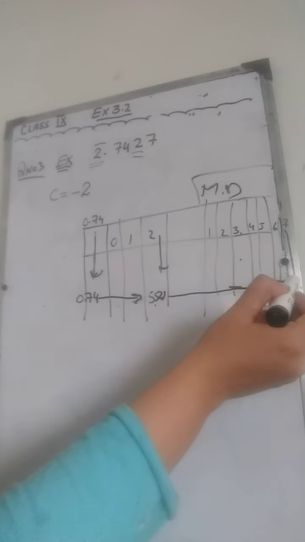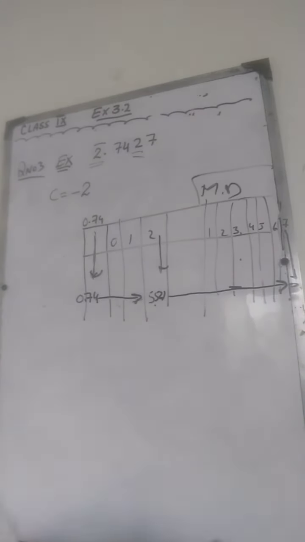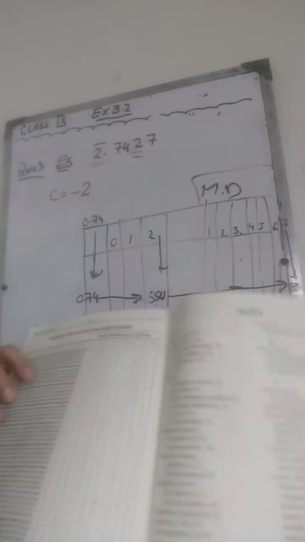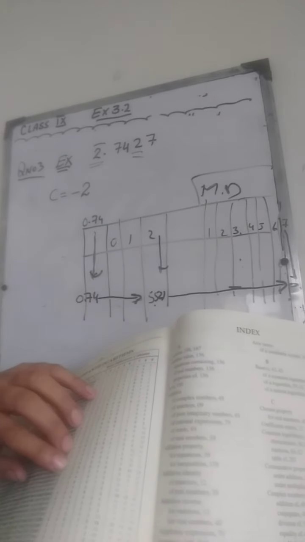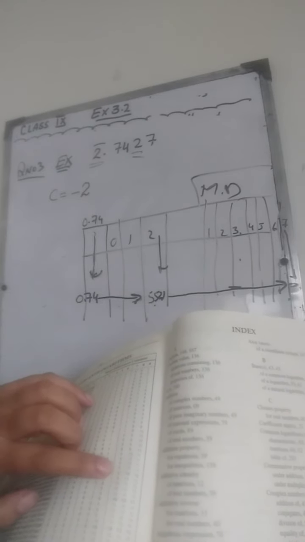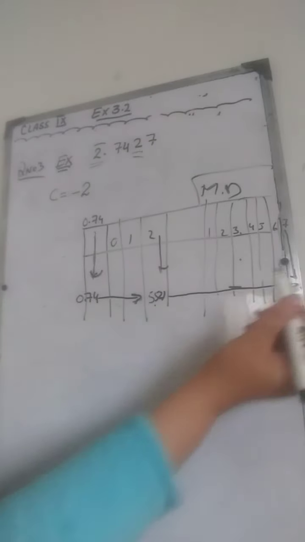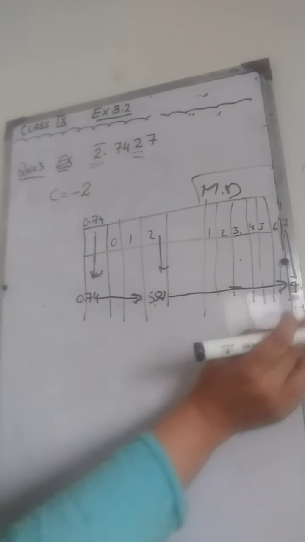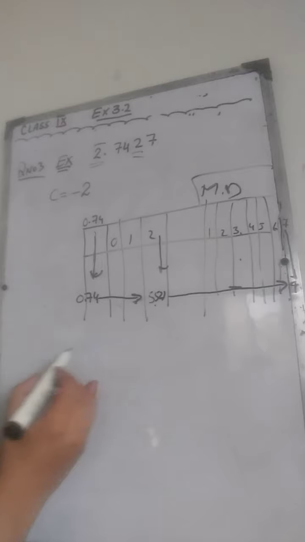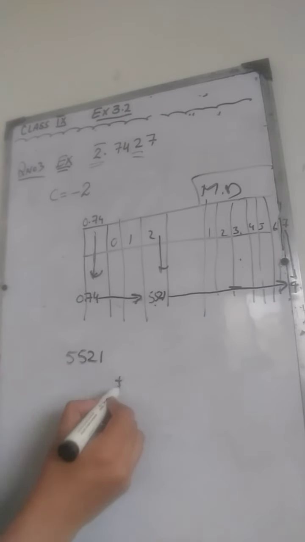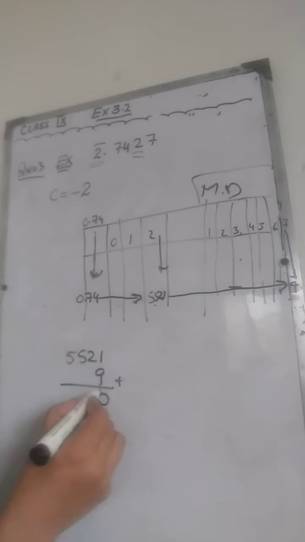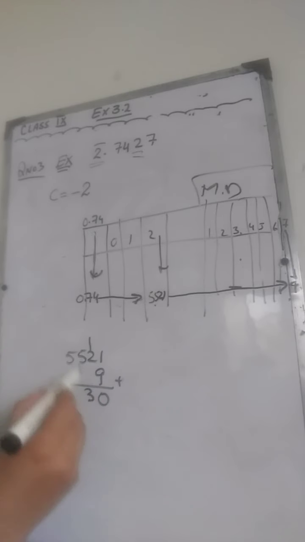From there we find this number, which, if you look at the table, is 9. You can see it from the table. So the number will be 5521 plus 9, which is 5530.